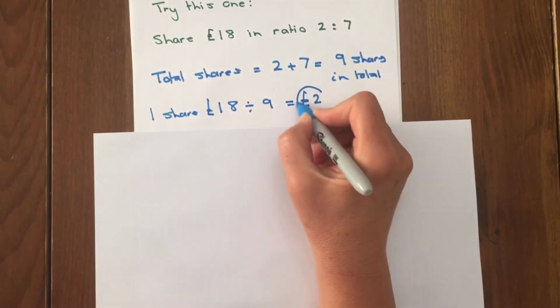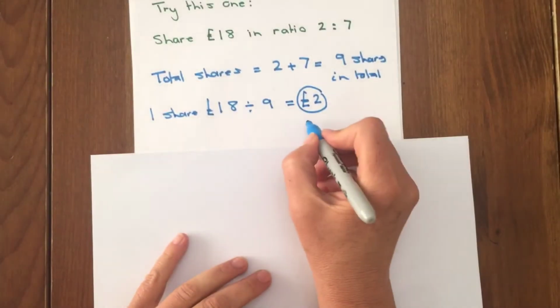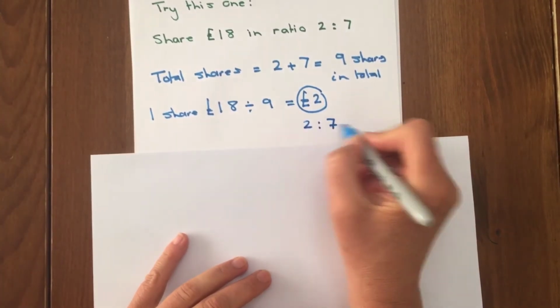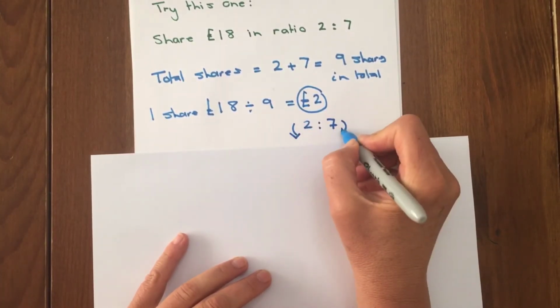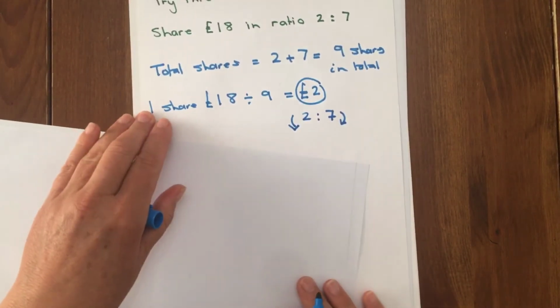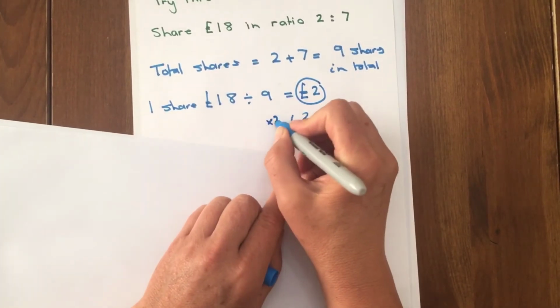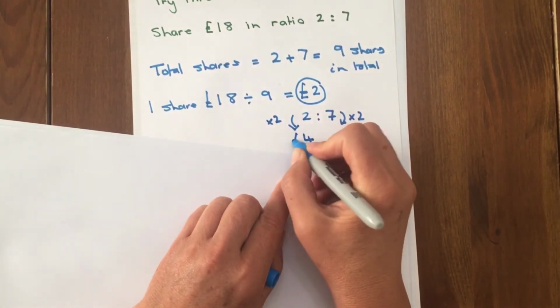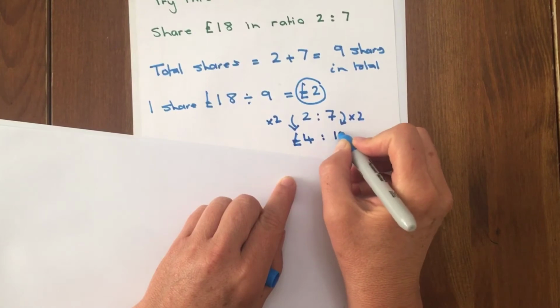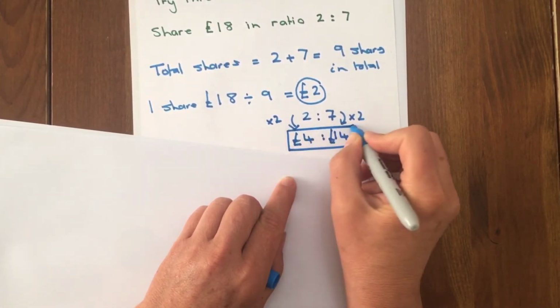So each share is worth £2. So if each share is worth £2, what I do is I times each of my ratios by 2. 2 times 2 is 4. 7 times 2 is 14. So this is my answer.